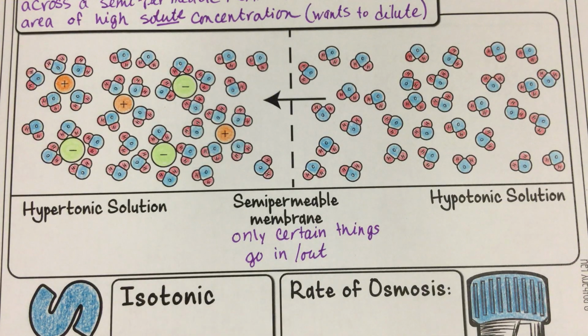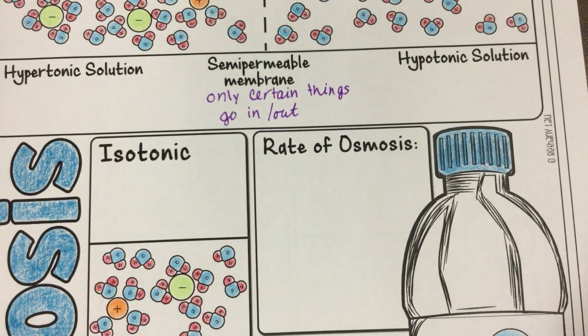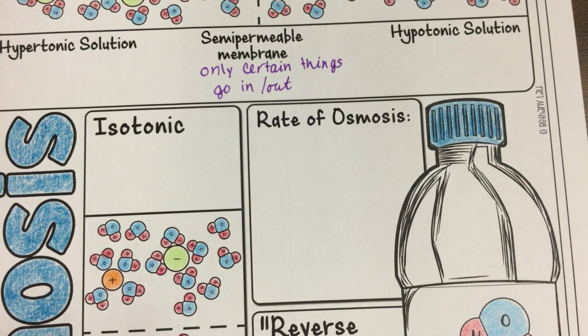So what are some things that can impact the rate of osmosis? Well, same thing as diffusion, because osmosis is the diffusion of water.